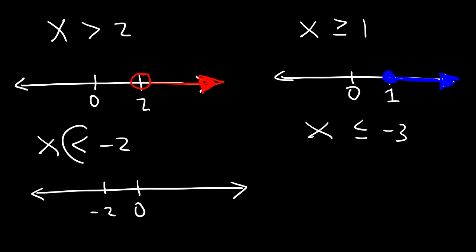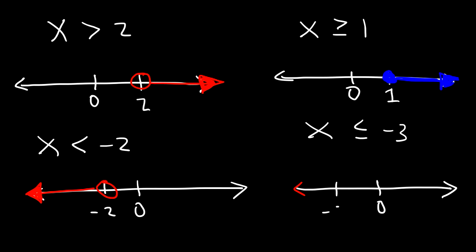And because it's not equal to negative 2, it doesn't include it, we need to use an open circle and shade towards the left because it's less than negative 2. Now for the last example, x is less than or equal to negative 3. So this time we're going to use a closed circle, but we're still going to shade towards the left.